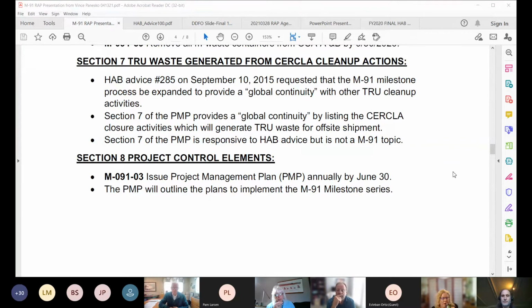And if we have to shift for a while to something else in terms of projects, then I would like to see us be very strategic at this site and focus on looking at analogous waste sites, looking at this idea of global continuity, and looking at characterization efforts, and maybe elevating that to a higher focus. I don't know how folks feel about that, but I wanted to throw that out there. If you want to respond, Vince, that'd be great.